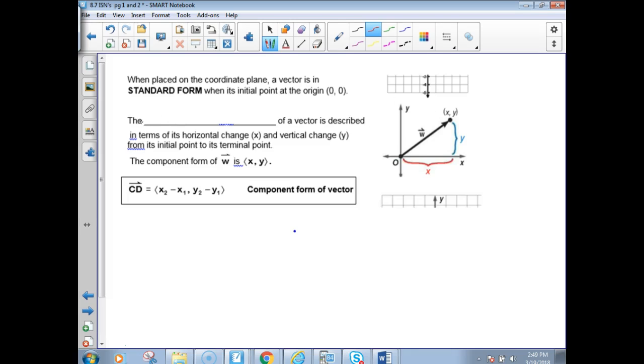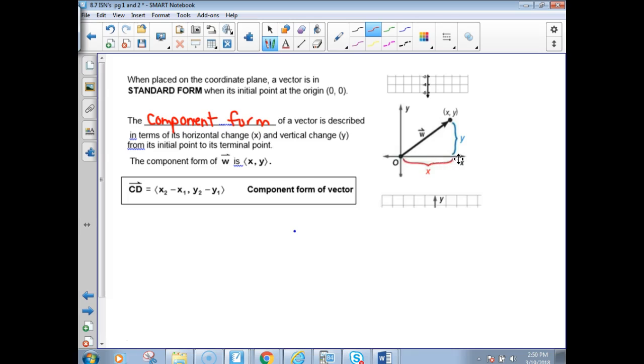Now, I already talked about that. So now the change of a vector is described in terms of horizontal change and vertical change. That is called component form. The component form of a vector is described in terms of its horizontal change x and its vertical change y from its initial point to its terminal point.